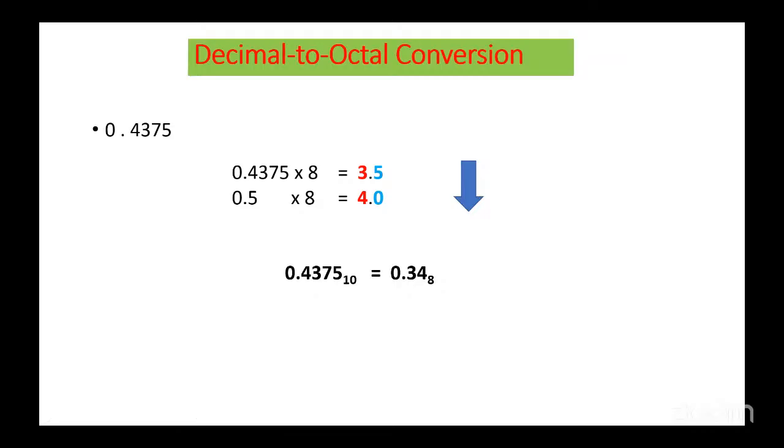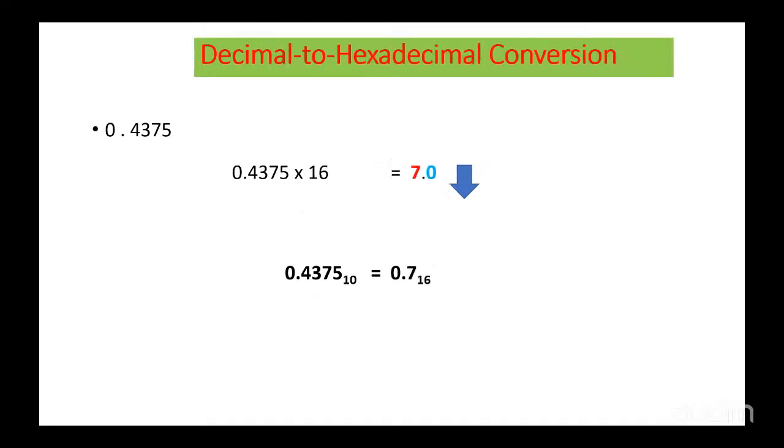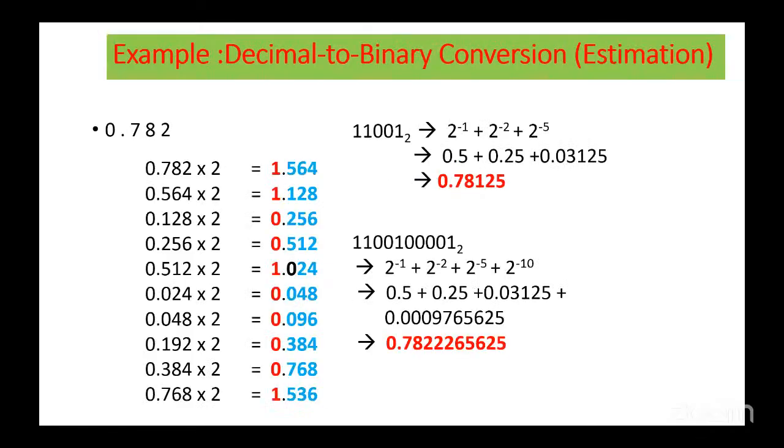Next, decimal to octal. Octal means 8. Multiply with 8. Here also, 0.34. Red numbers are there, no? Red color. Hexa: multiply with 16. Next, decimal to binary: multiply with 2. So you are getting this.